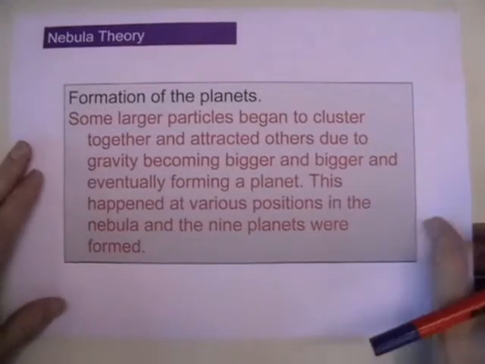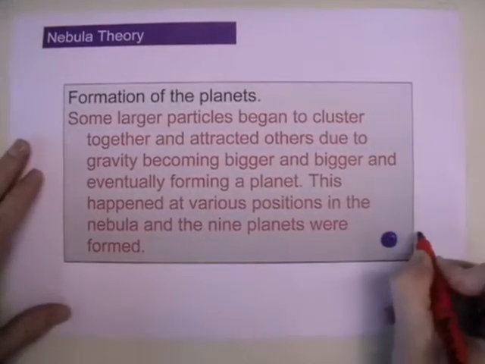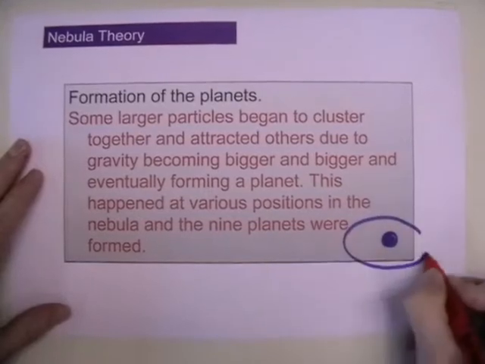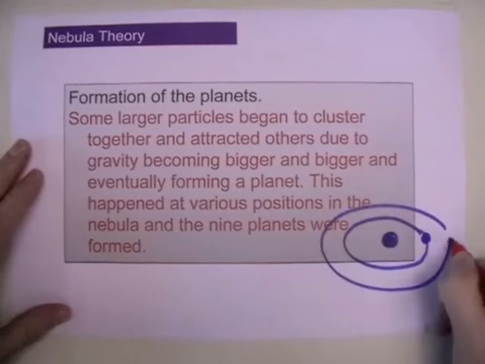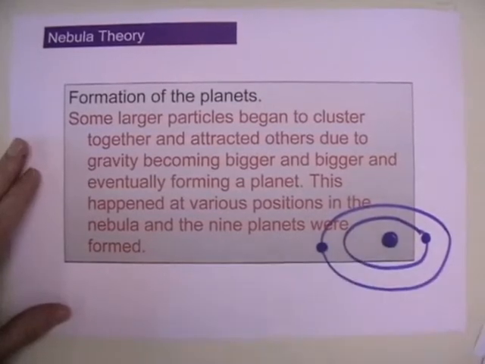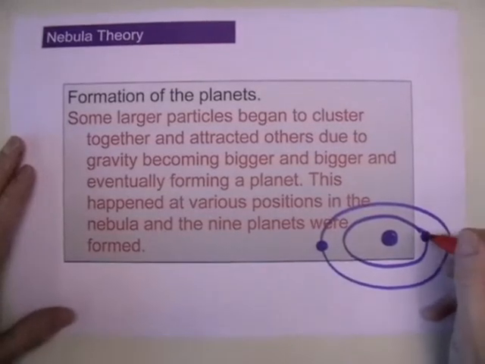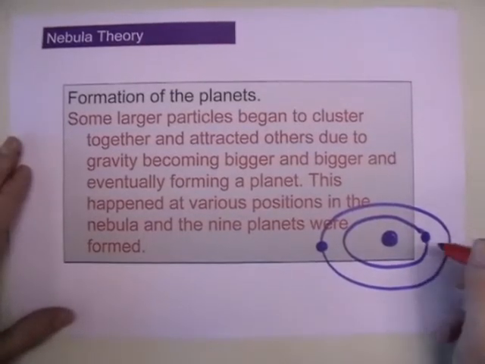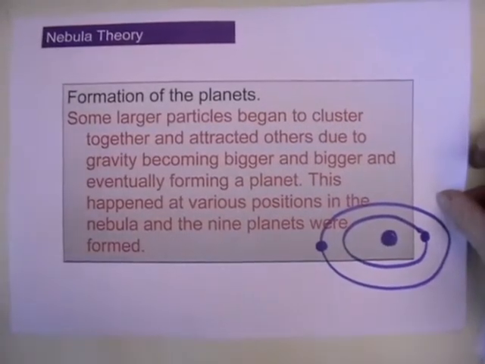Round the outsides then, some larger particles, so there you have the sun, and round the outside, some of the larger particles then started to join together to form the planets. This happened at various positions in the nebula, and once you had a few particles joining, then gravity pulled more and more in, and the 9 planets were formed then at various positions out from the sun.